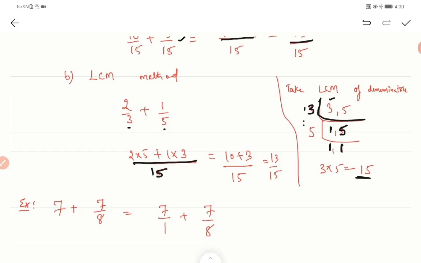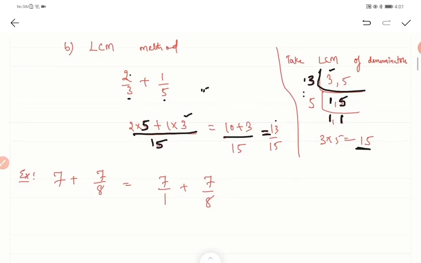This 15 goes by 5, isn't it? So you need to multiply in the numerator 2 cross 5. And 15 by 5 is how much? 3. So in the numerator you will multiply it with 3. So 1 cross 3. You'll get 10 plus 3 by 15, that is 13 by 15.